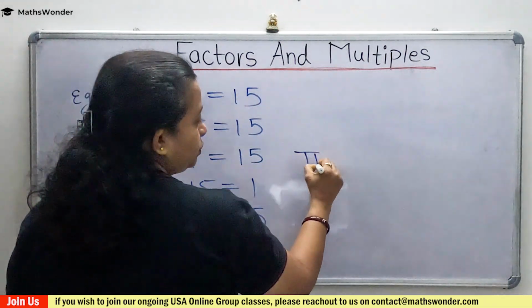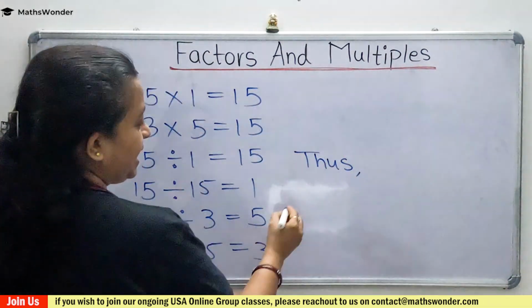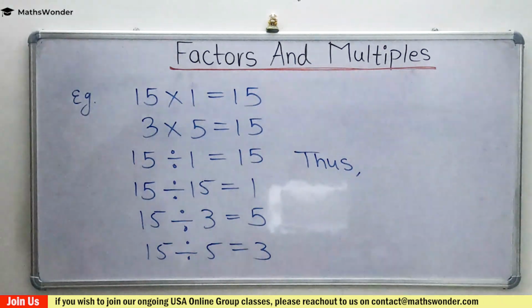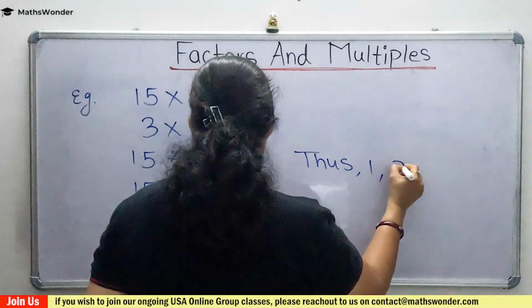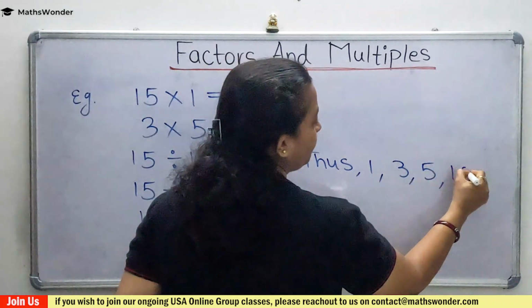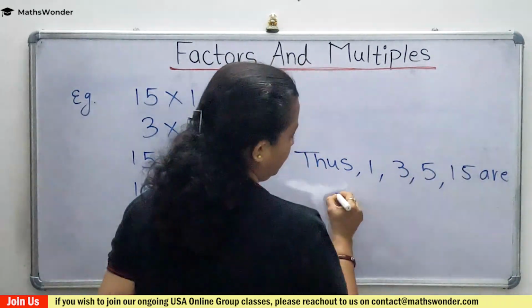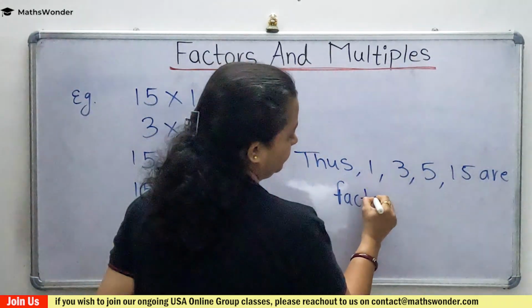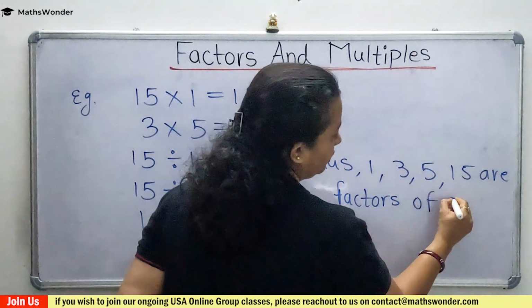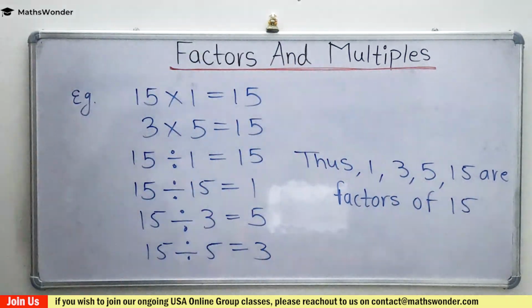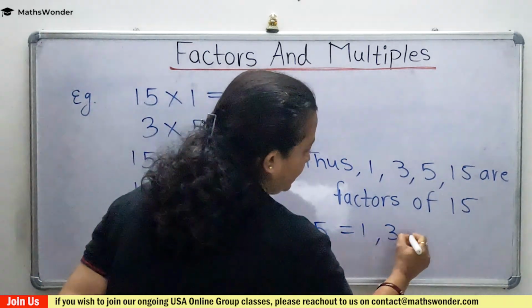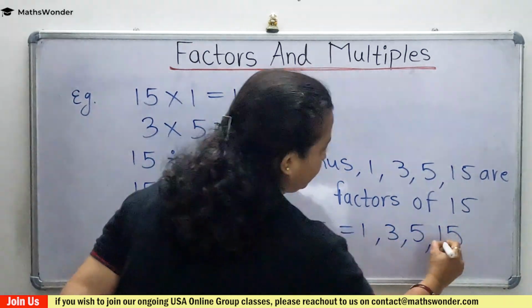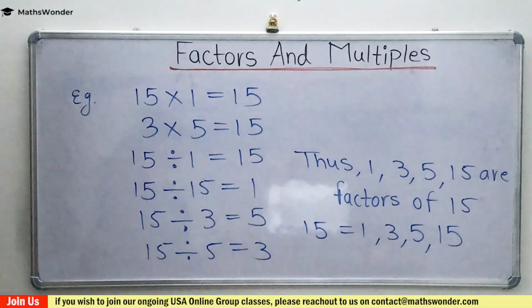So what is your conclusion? We can say that the factors of 15 are 1, 3, 5, 15. Why?